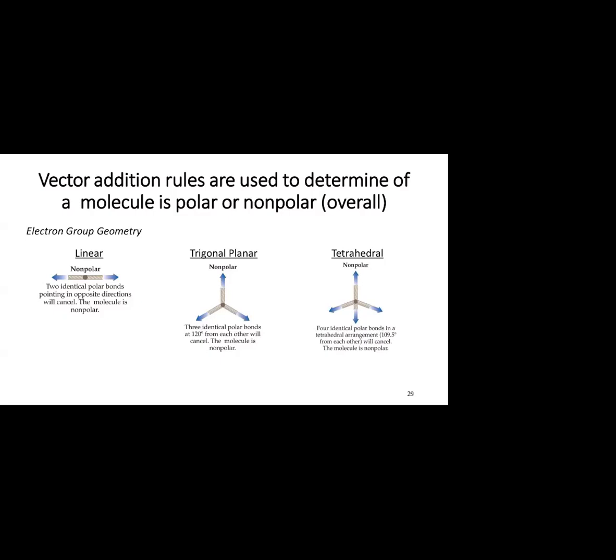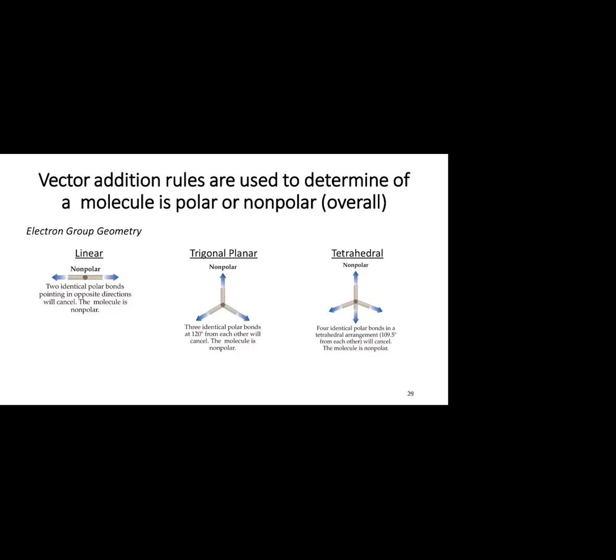I'm not going to teach you vector addition. I'm going to give you a set of rules that are based on vector addition, but simplify the concept of polarity. This is how we're going to handle it.